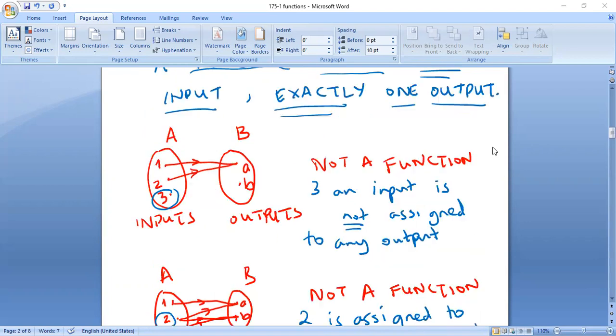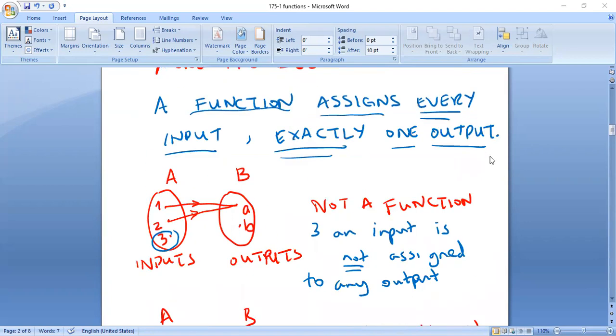So this is violating the situation that for every input, there must be an assignment. So for 3, there is no assignment. Because of this reason, this is not a function here.